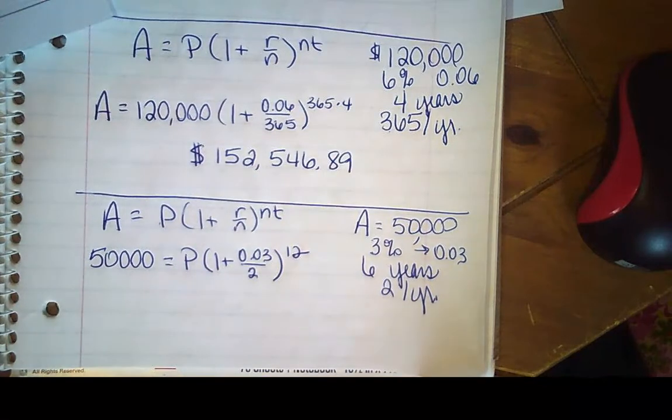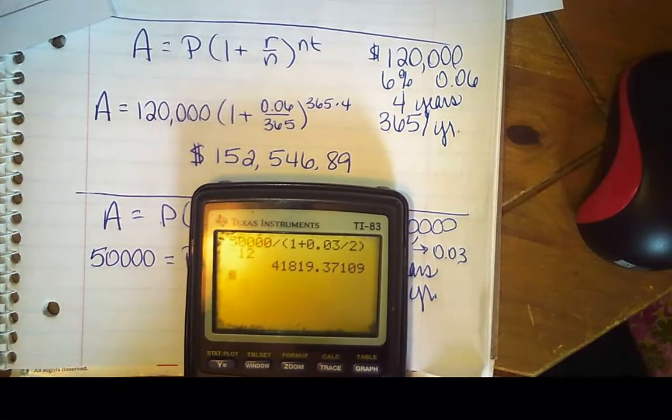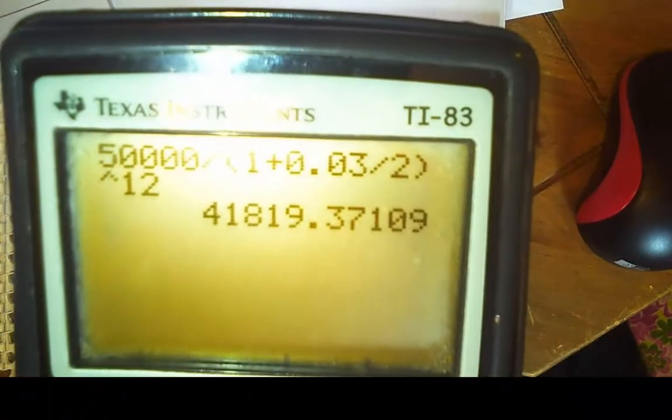So in my calculator, let me show you what it's going to look like. I'll have 50,000 divided by 1 plus 0.03 divided by 2 raised to the 12th power. And what I get is I started with an investment of 41,819.